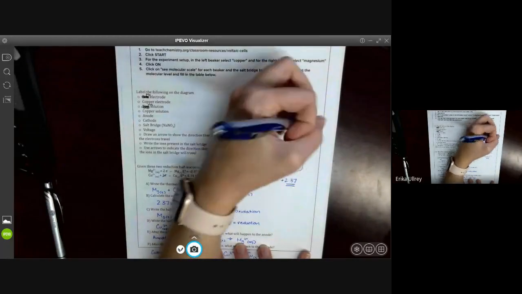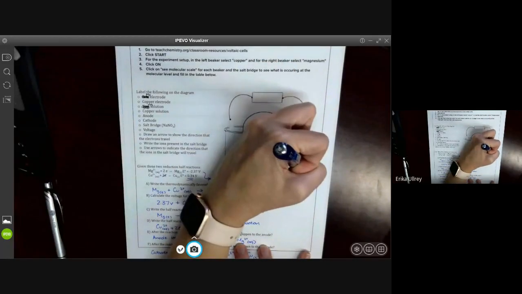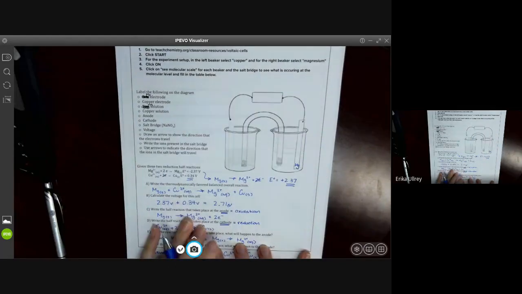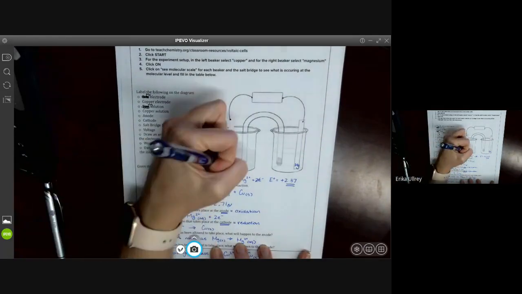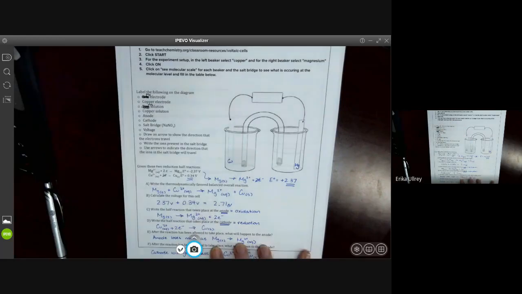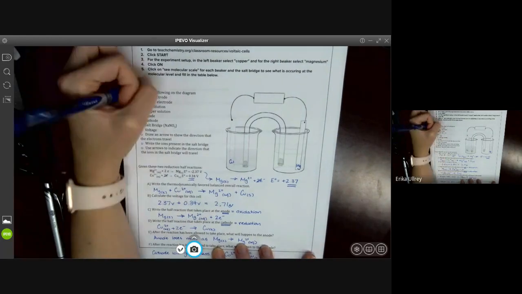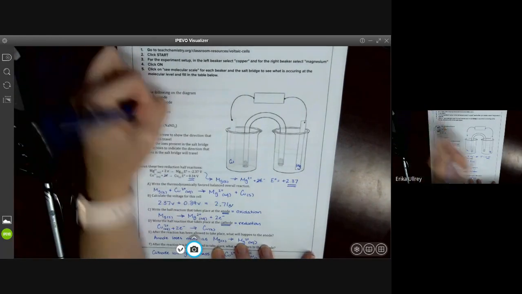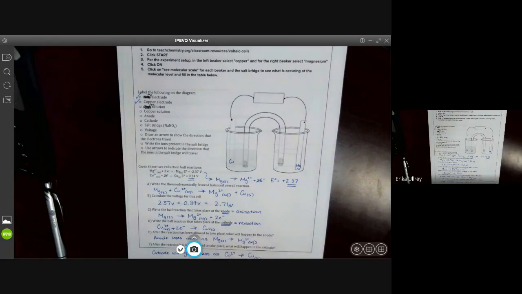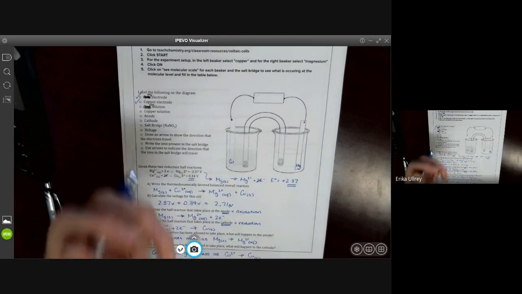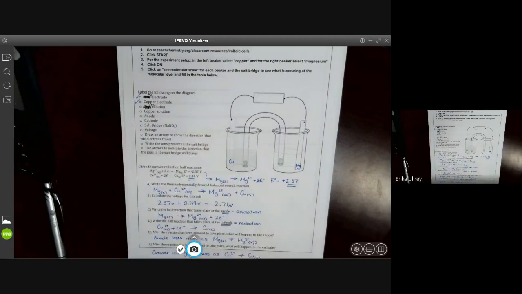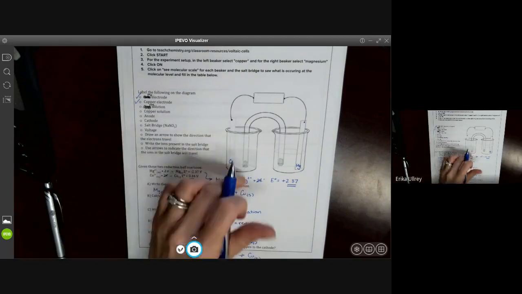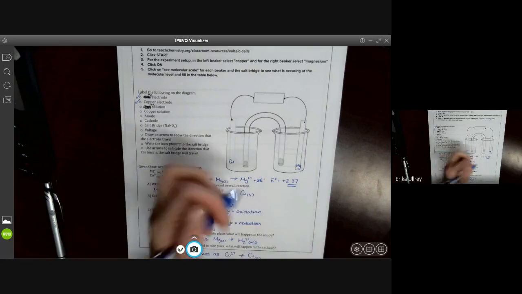So this is our magnesium electrode, Mg. This over here would be my copper electrode. Okay, so we're taking care of that. We have our solution of magnesium ions, okay, and of copper ions in each of these solutions.